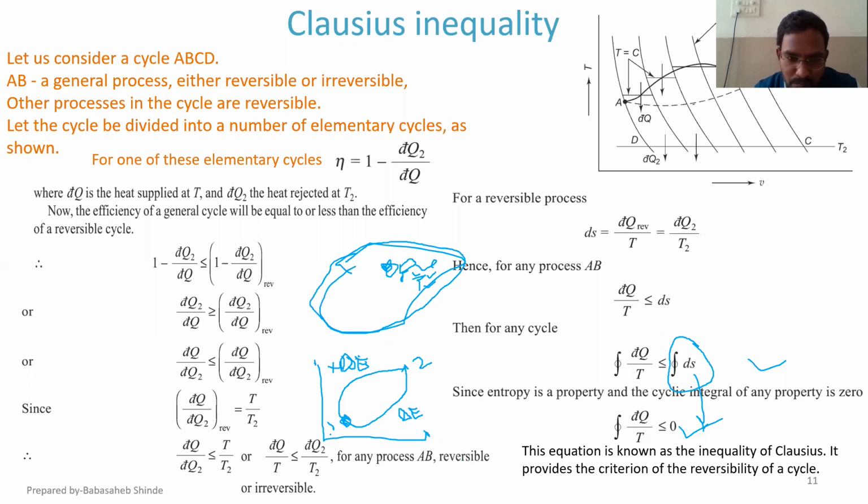You got my question? During state change 1 to 2, the internal energy changed by plus delta E. Now, if the system returns to its original state, should it be plus delta E or minus delta E? Minus delta E.